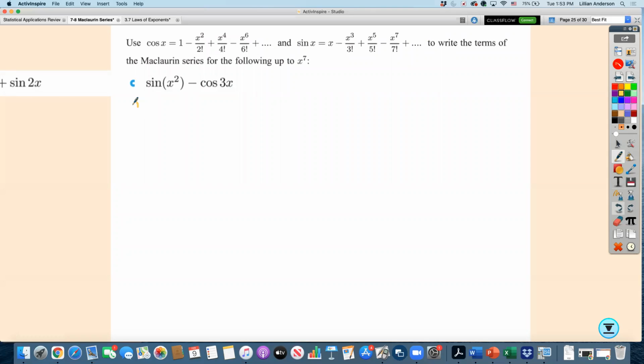So for cosine 3x, we are able to use our composite and basically replace every x with a 3x.